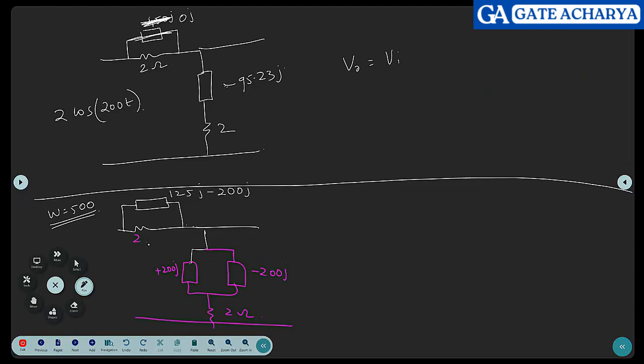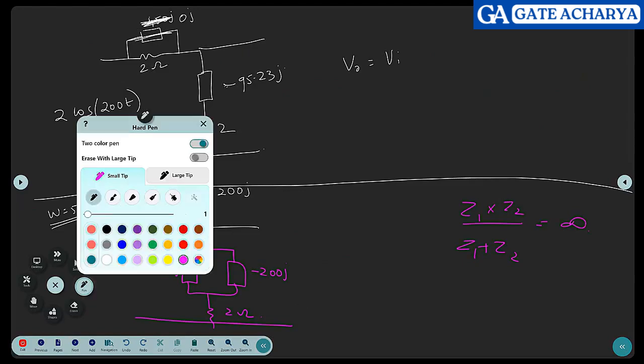What is this when you have plus 200 minus 200? Net impedance. Multiply and then how will you find it? Z1 into Z2 divided by Z1 plus Z2. What is the net impedance? Infinity. So this will become open circuit.